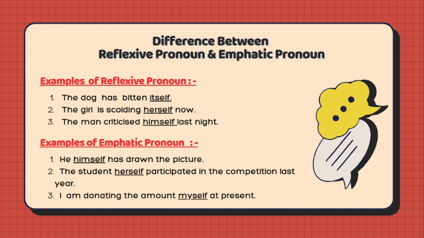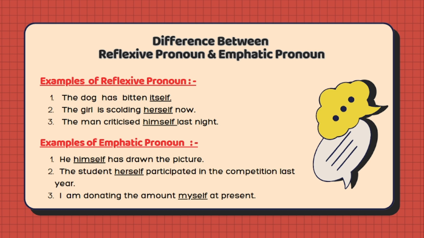Third one. The man criticized himself last night. In this sentence, the subject is the man. Criticized, main verb 2. The sentence is in past simple, active voice. Himself, object in this sentence. So the first condition regarding reflexive pronoun is fulfilled.